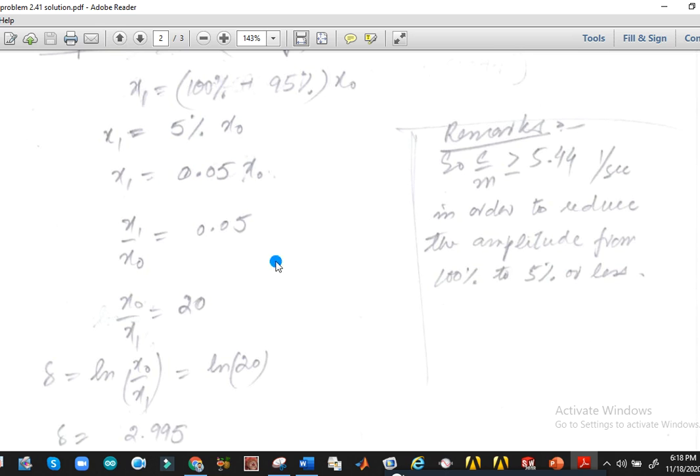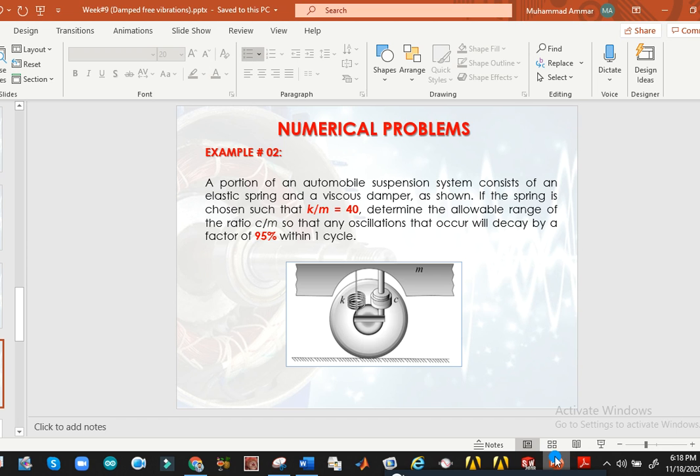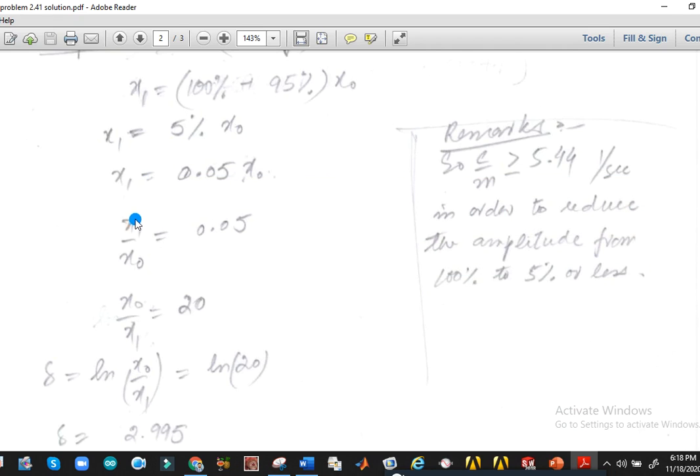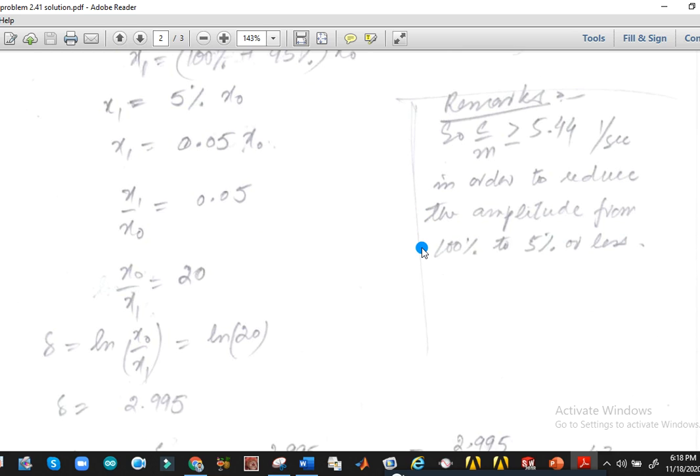This is the same thing I derived over here. So the ratio of final amplitude to initial amplitude should be only 0.05. We have to find the value of the ratio of C over M in such a way that the final amplitude is decayed by 95% of the initial value.